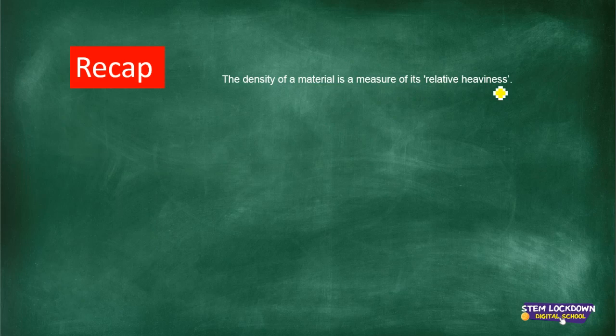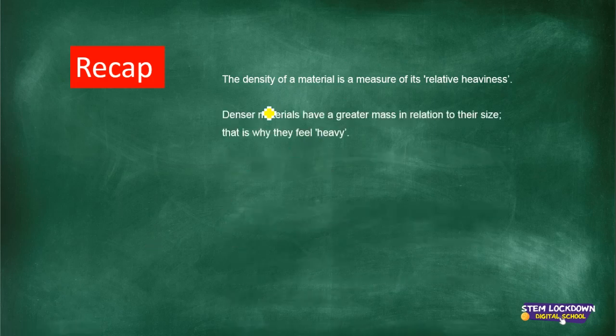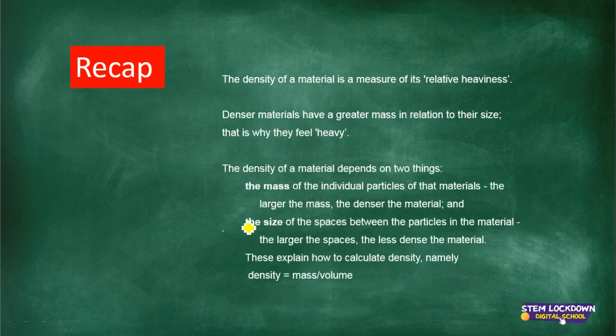And that basically means how heavy a substance or a material is. Right, so the denser materials have a greater mass in relation to their size, and that is why they feel heavy. So the greater the mass, it will probably be the heavier the density of the substance.